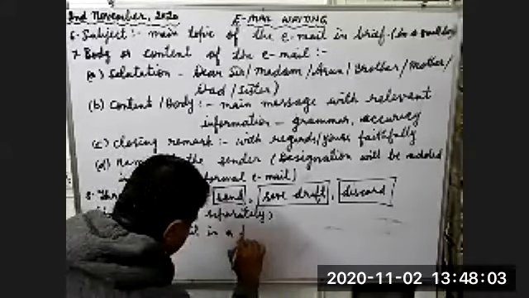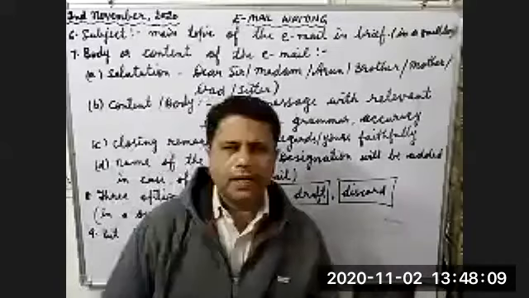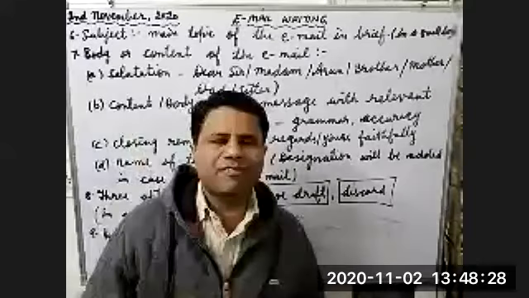This is the format of email writing. When you compose an email on the email ID, all these things will already be there. These three boxes will be there. The option of to, the option of from, space for subject, date and time.